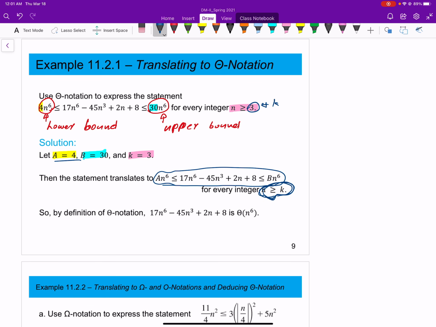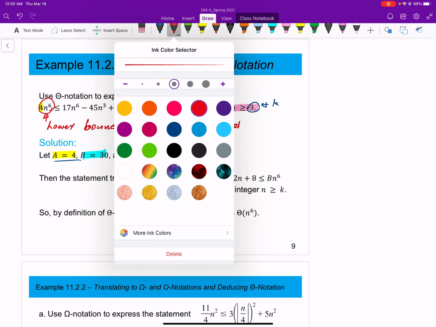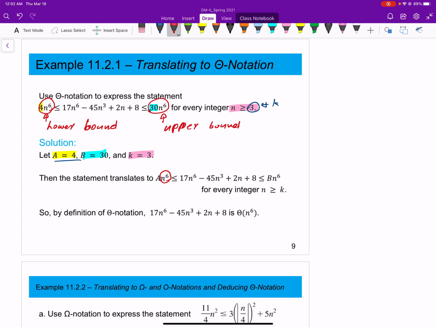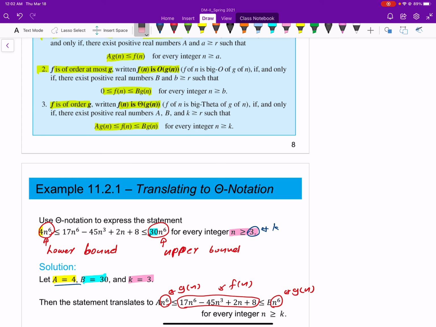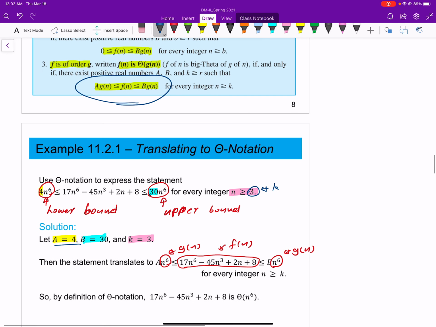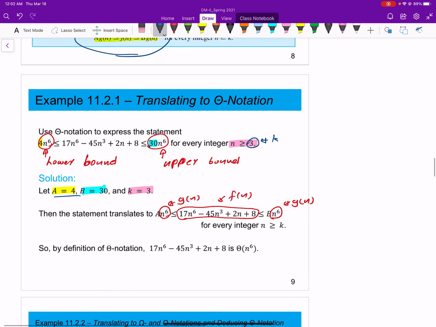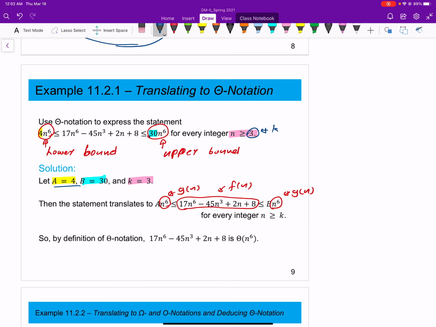N to the power 6 is like g(n), and this is like f(n). So this is the same as this condition right here: f(n) is bounded by a times g(n) and b times g(n).